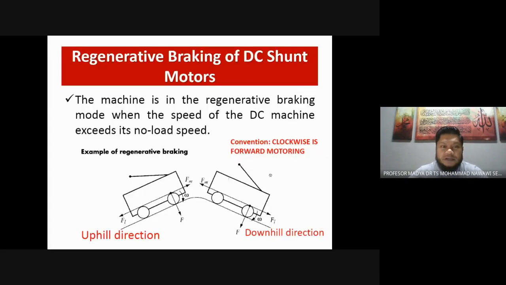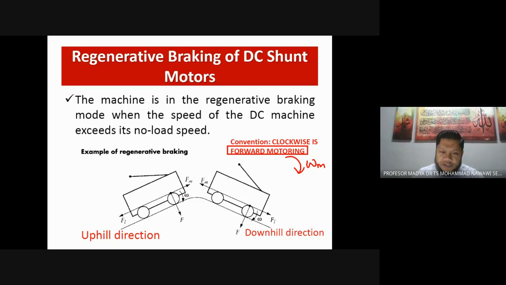So I'll try to explain the slide. The machine is in the regenerative braking mode when the speed of the DC machine exceeds the no load speed. Now let's look at the convention. Clockwise is forward motoring. If the motor rotates in that direction, we have positive or forward motoring.